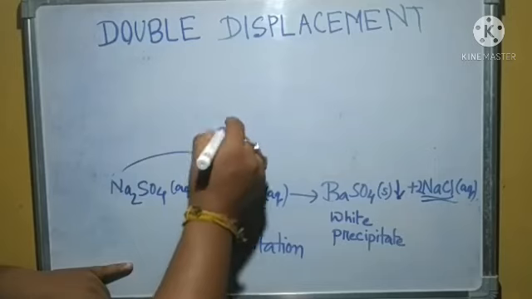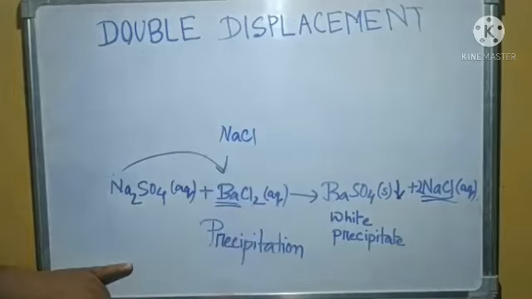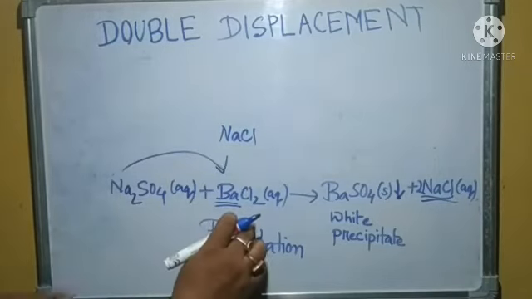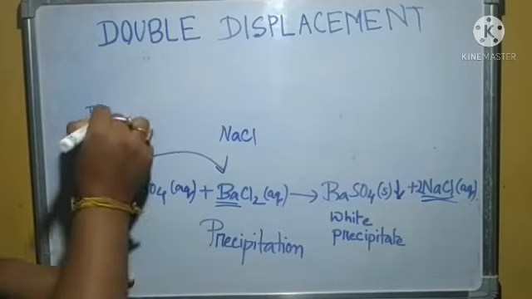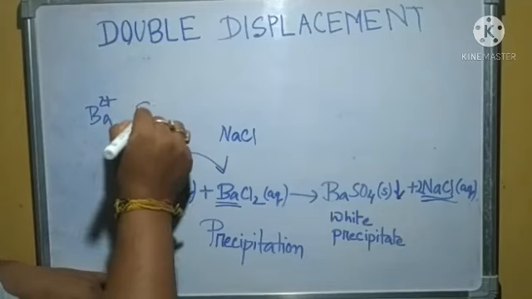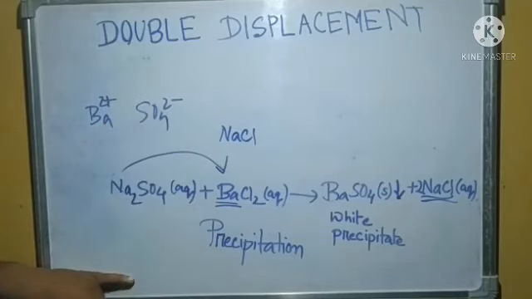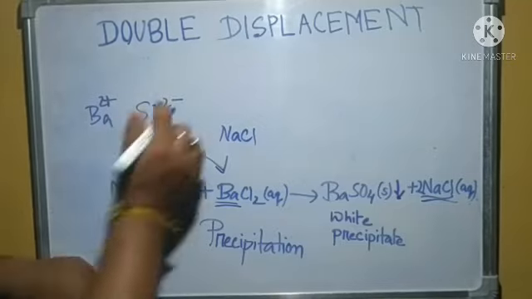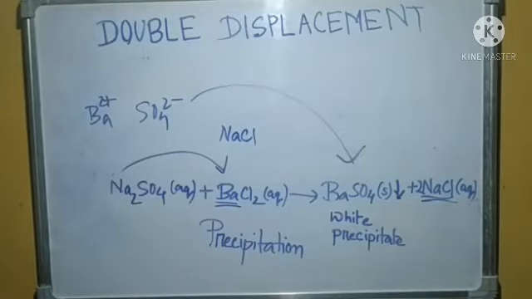Now in the solution we will have barium ions, Ba2 positive, and SO4 2 negative ions. Together they will combine to form barium sulfate.